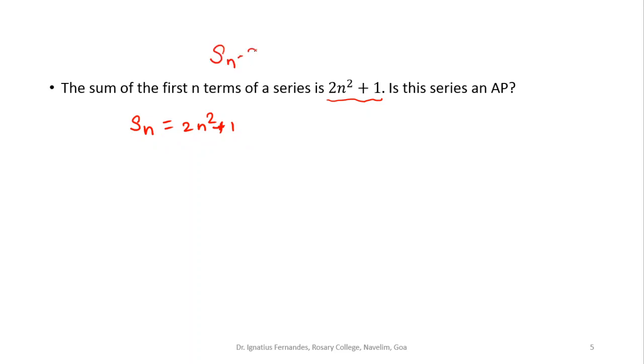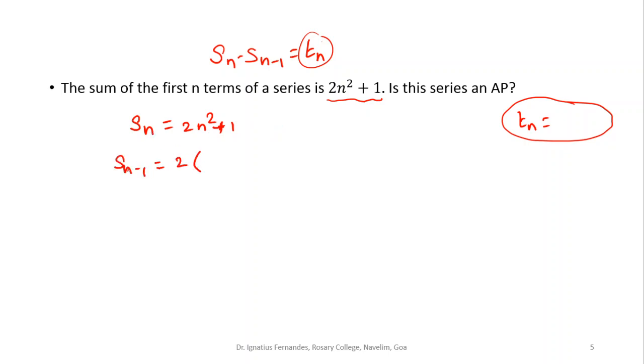I know that Sn minus Sn minus 1 for an arithmetic progression is Tn. So I'll find out Tn from this, and if this Tn can be considered as the nth term of an arithmetic progression, then it will be an arithmetic progression. So from this Sn I also write down Sn minus 1. Sn minus 1 is equal to 2 into (n minus 1) square plus 1, so replace this n by n minus 1.